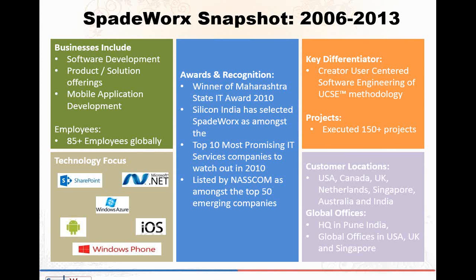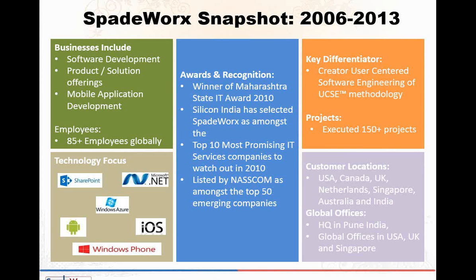It could be SharePoint, Microsoft .NET, and now Windows Azure. We also focus on mobile application development, Android, iOS, and Windows Phone. Typically, we focus on software development of various solutions and mobile application development, custom application development as well.